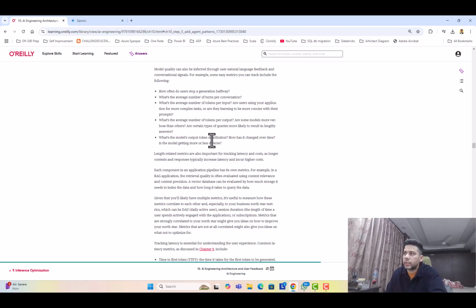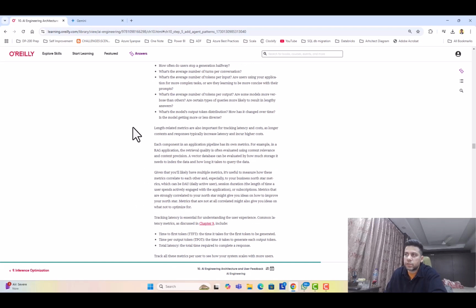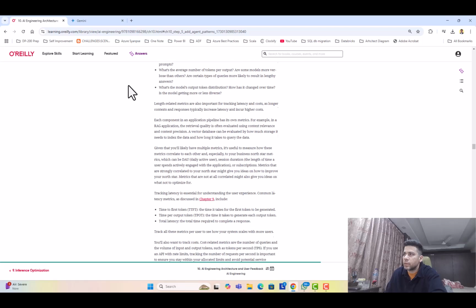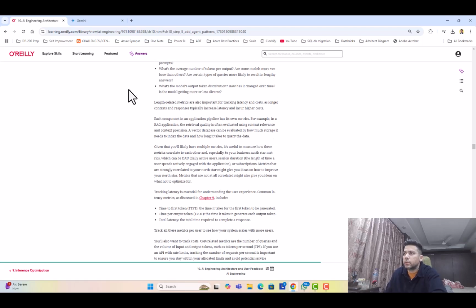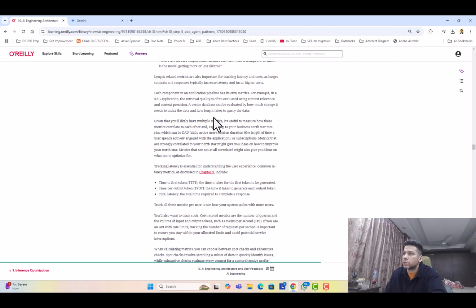So these are some of the metrics the author suggests that you may want to calculate, especially when you're designing your metrics module, or monitoring module rather, or observability module. Length related metrics are also important for tracking latency and cost, as long context and responses typically increase latency and incur higher costs.